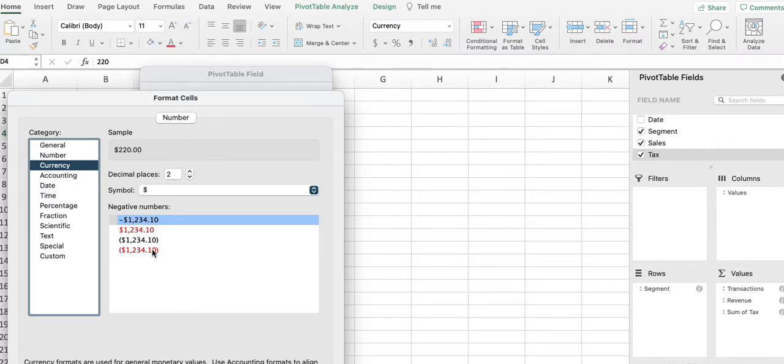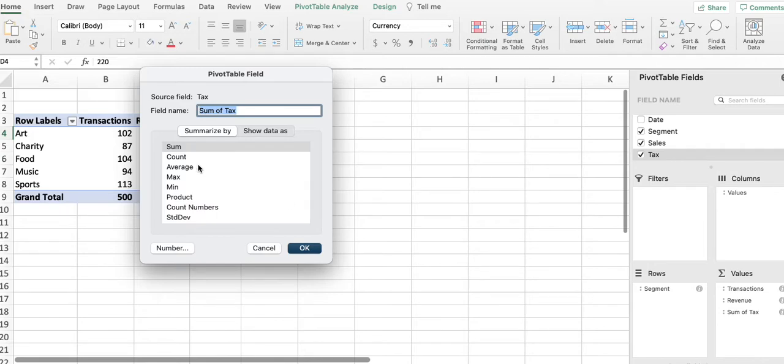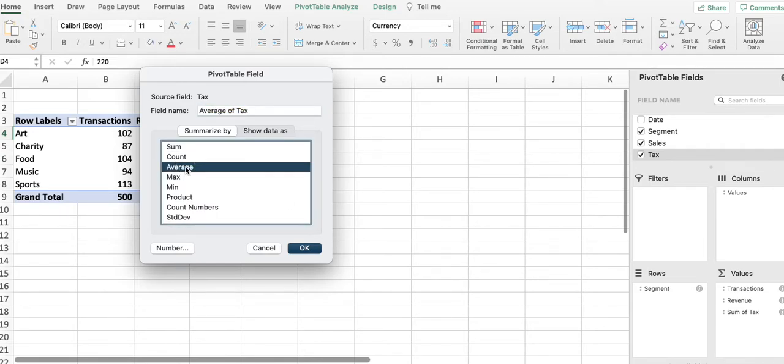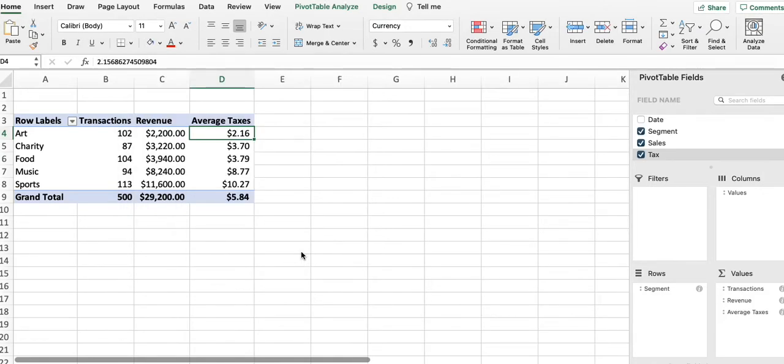I'm going to go back to currency. But then I want my average. I want to know what my average tax was for each transaction. And I'm going to change this to taxes. All right, that's my average taxes.